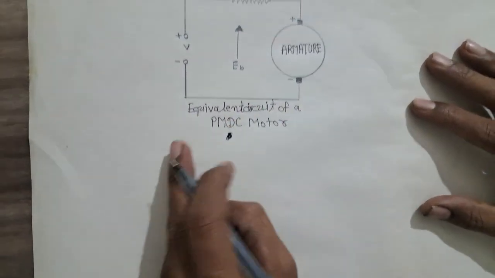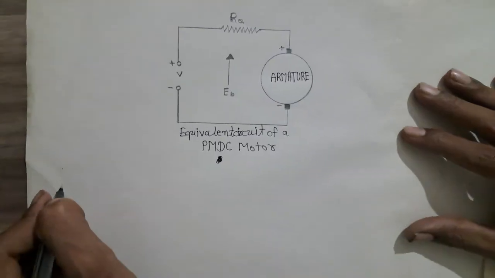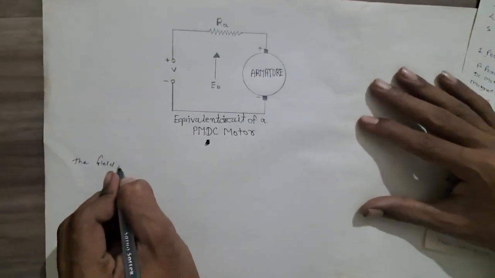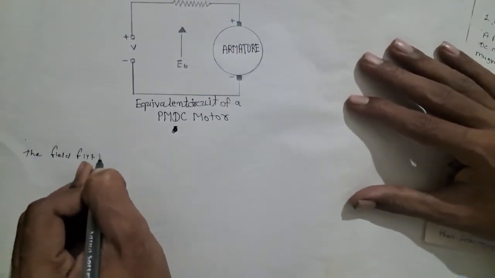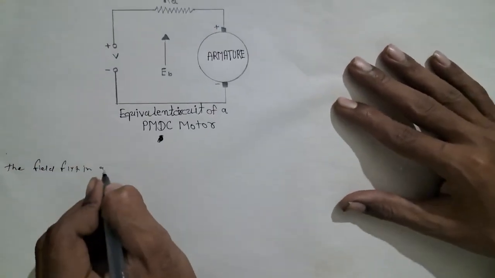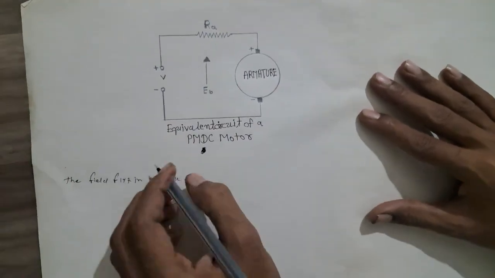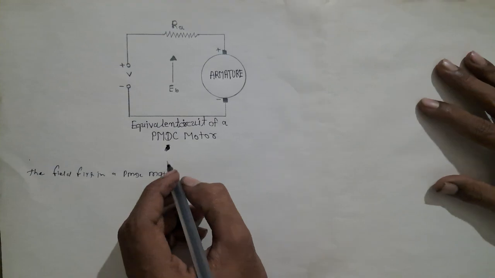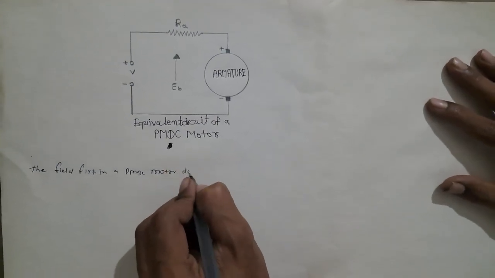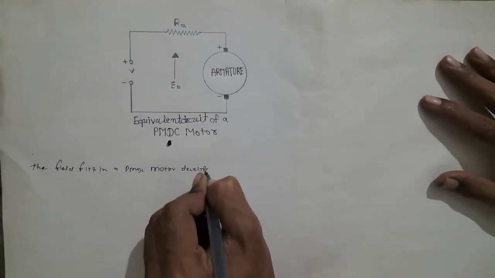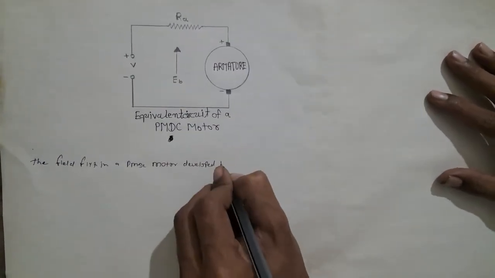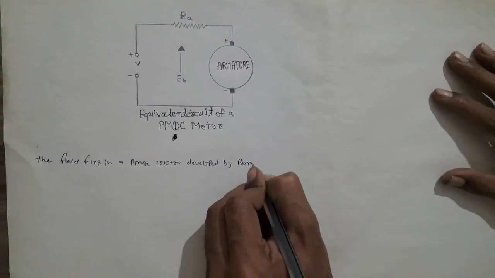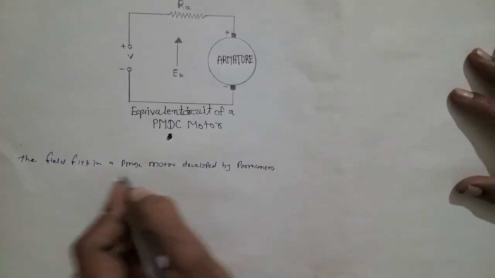The field flux in a PMDC motor is developed by permanent magnets.